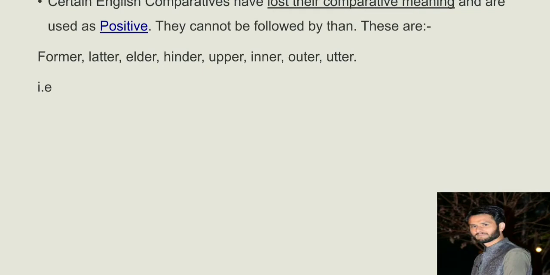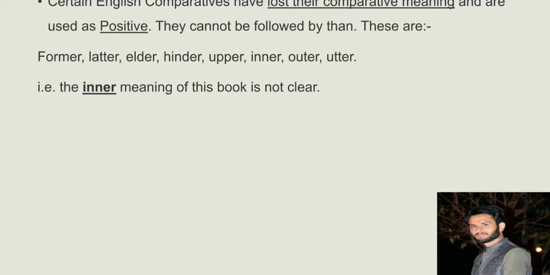Next, we have certain English comparatives that have lost their comparative meaning and are used as positive. They cannot be followed by than. These are former, latter, elder, hinder, upper, inner, outer, and utter. Here we have the example, the inner meaning of this book is not clear.